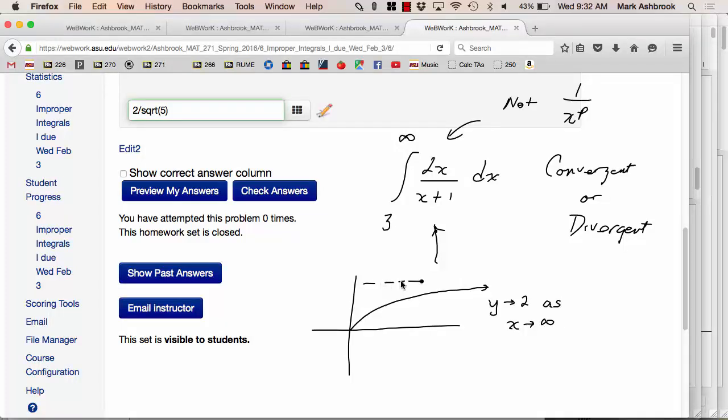So this levels off at 2. I'm drawing you the graph of this function right here, and as x gets very, very large, y approaches 2.